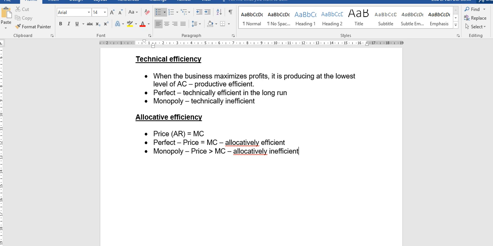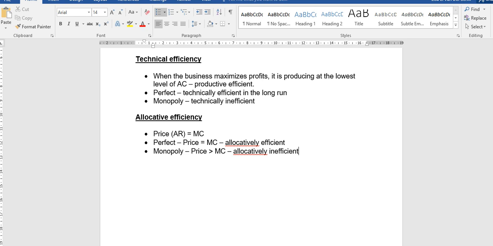Allocative efficiency literally means that we're producing the correct product mix, what consumers are wanting. The supply of the market is satisfying the demand of the consumers, right? In the perfect market, we saw that there was a large amount of output at lower prices.